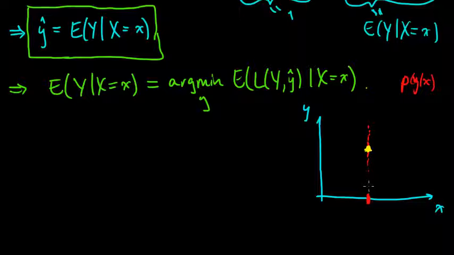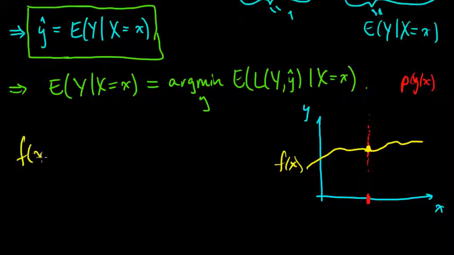We were thinking about solving this for a particular x, but if you remember, that was case 1, and in case 2 we had to define a function for all x's. It turns out that we just solved for each individual x, and by solving that minimization for each individual x, that gives us the minimizer for all x's.